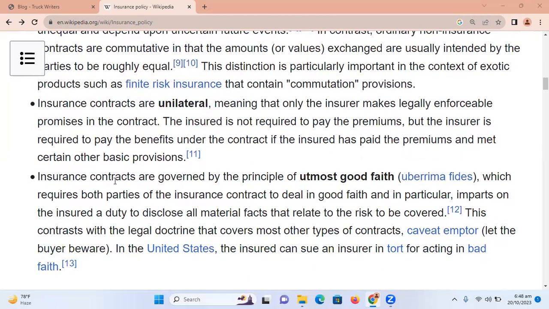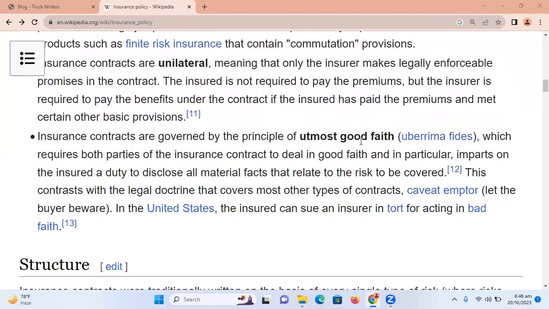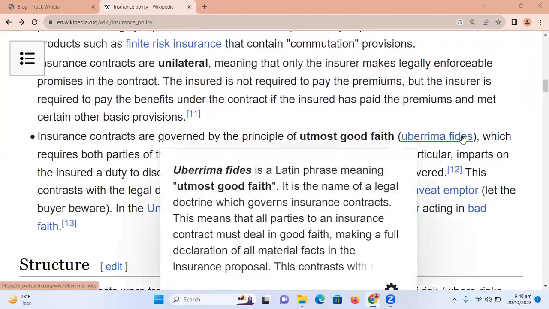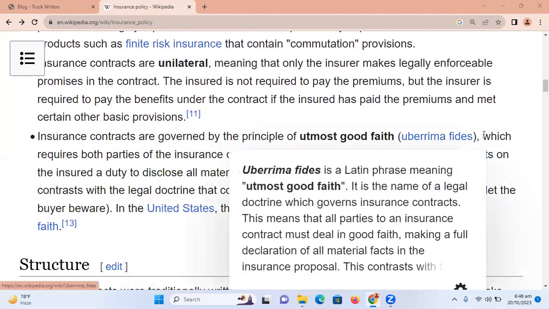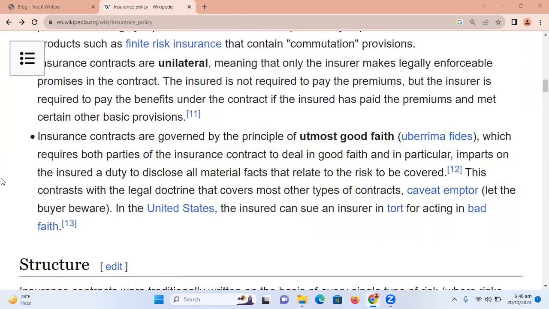Insurance contracts are governed by the principle of utmost good faith, uberrimae fidei, which requires both parties of the insurance contract to deal in good faith and in particular imparts on the insured a duty to disclose all material facts that relate to the risk to be covered.